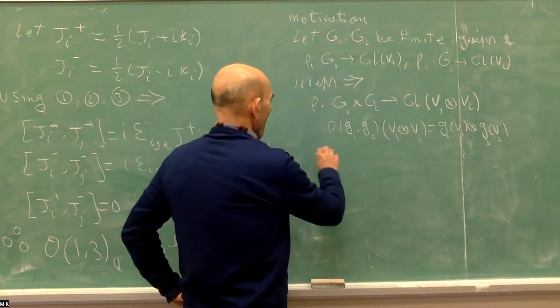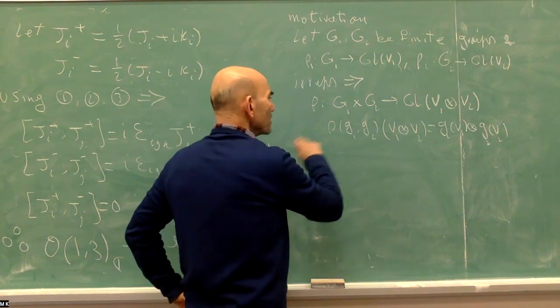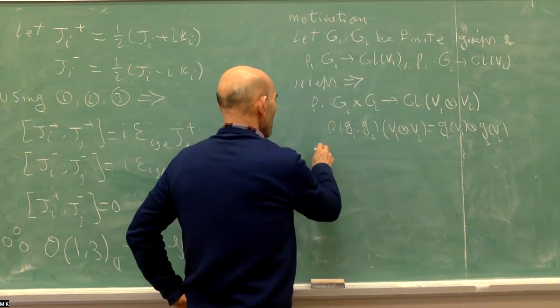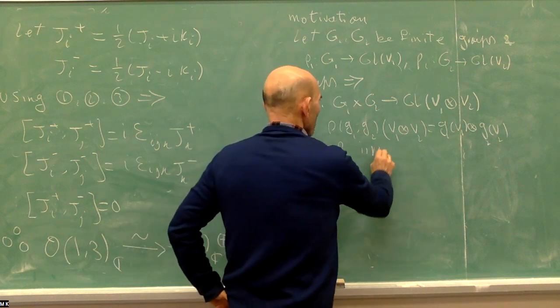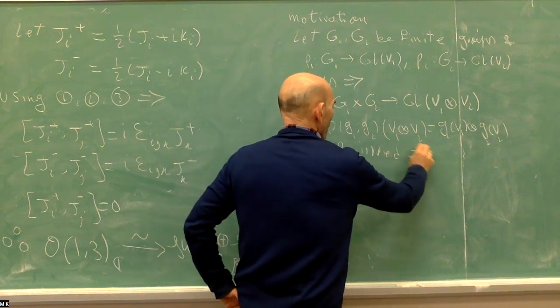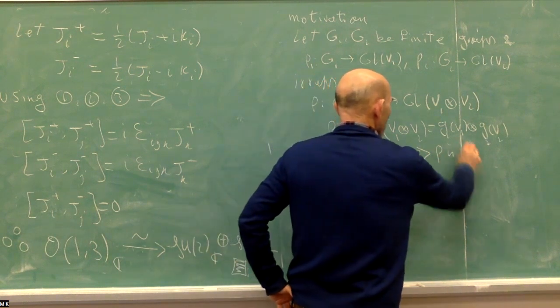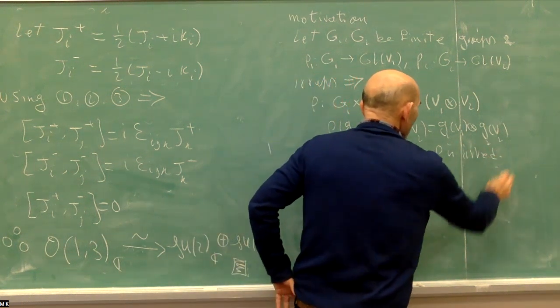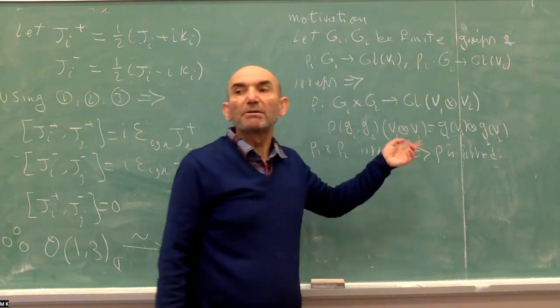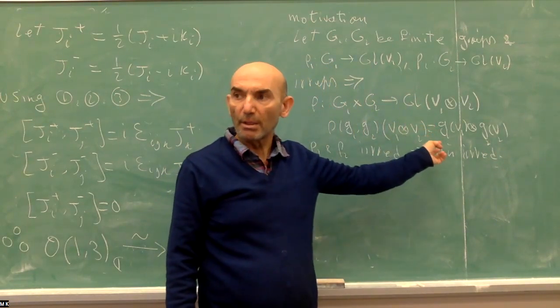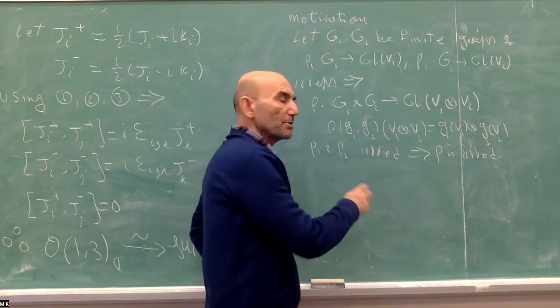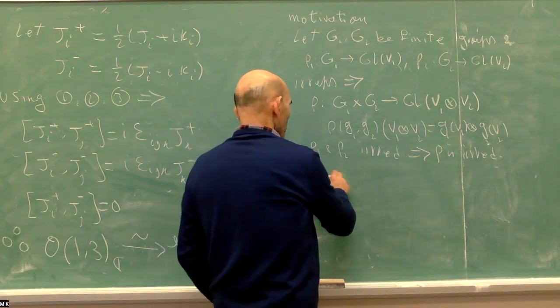Well, actually, this direction maybe is true in general. So rho 1 and rho 2 irreducible implies that rho is irreducible. But even more importantly than this, any irreducible representation of the Cartesian product is obtained this way. So this is quite interesting.